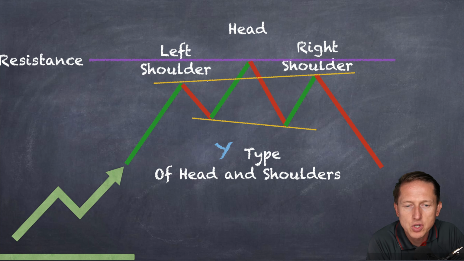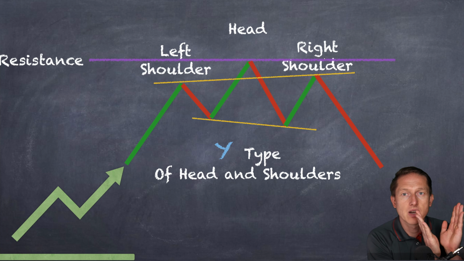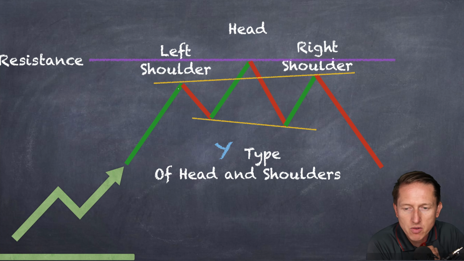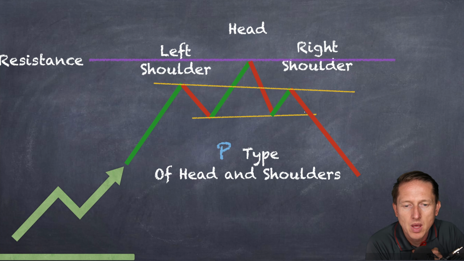So we have sort of a letter Y if we look from the left side to the right. Okay, another is a P type, and P type is completely opposite to Y. So now our low is a higher low and we have a lower high. So this is sort of a letter P, as you can imagine.